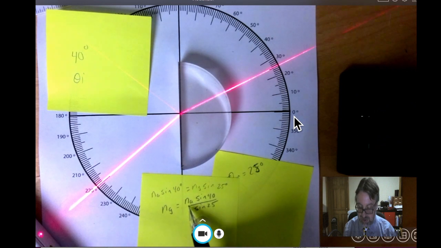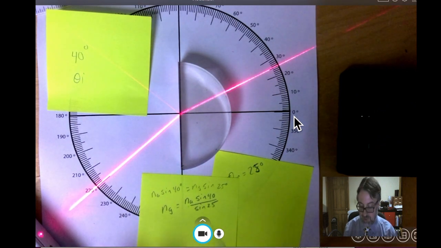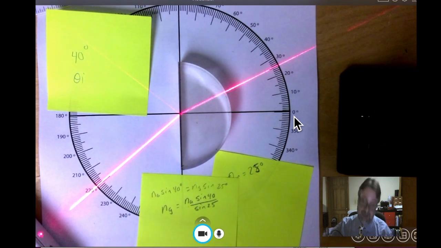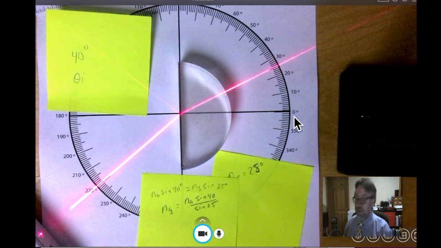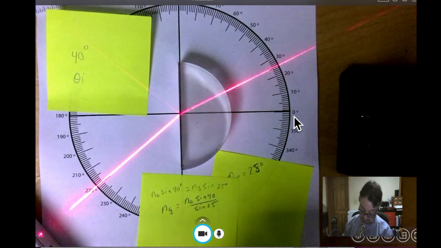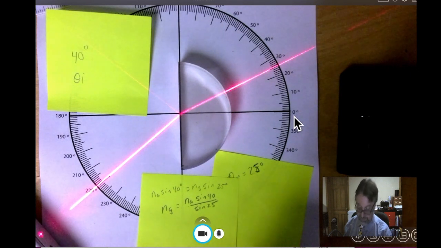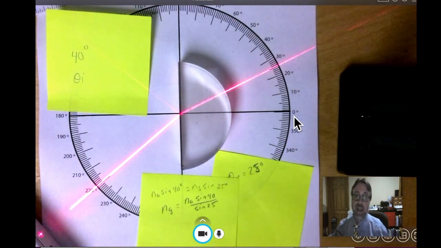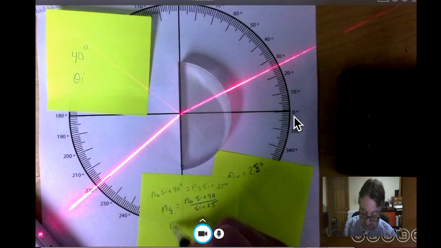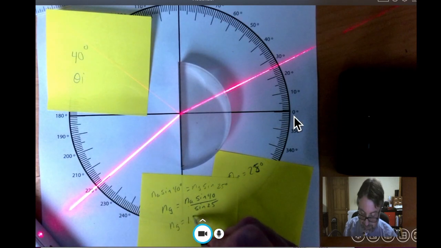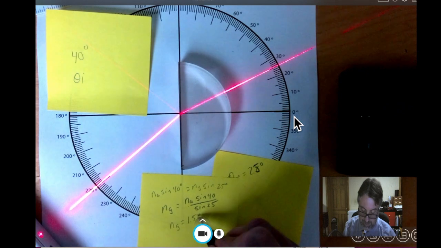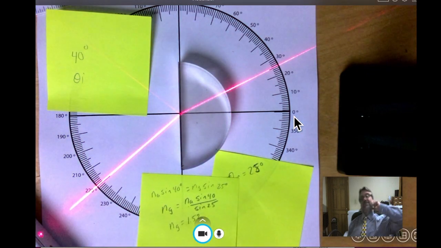But n air is just 1. So the index of refraction of this glass is the sine of 40 divided by the sine of 25. So I calculated this earlier, but let me just double check my numbers. And I get that the index of refraction of this glass is 1.52, which is what we expected.